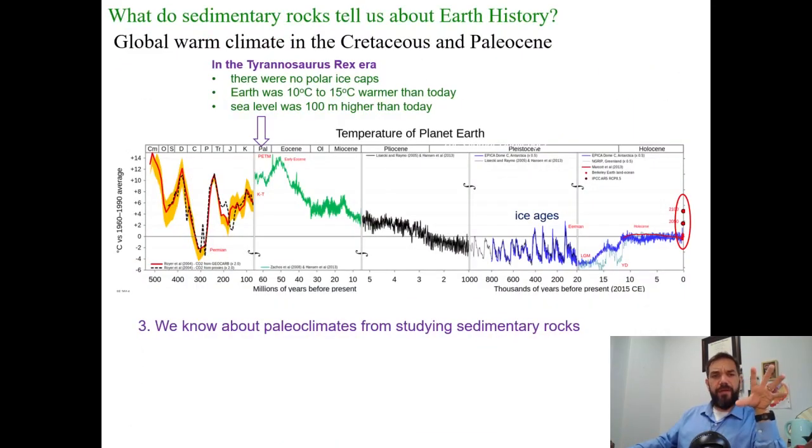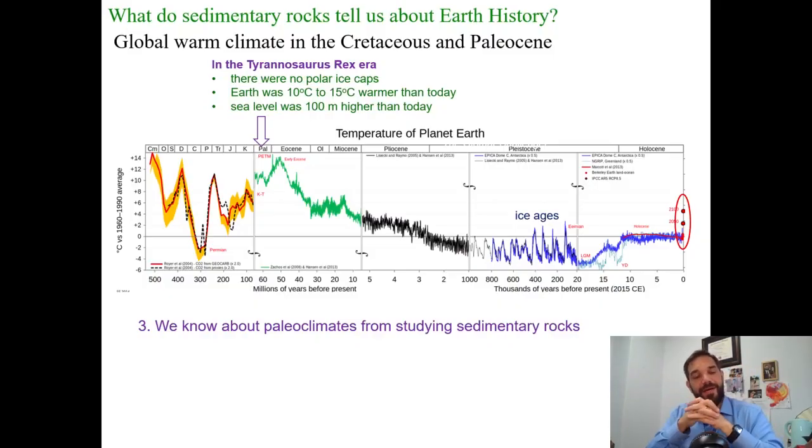Another thing I want to hit on is we also know about climate from looking at sedimentary rocks. Sedimentary rocks preserve a lot of information about what the climate was like at different points in Earth's history. I won't go into all the details in this class, because it's just an intro class. If you want to learn more, you'd have to take historical geology, where we get into the nitty-gritty details.